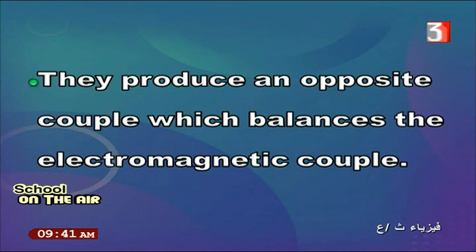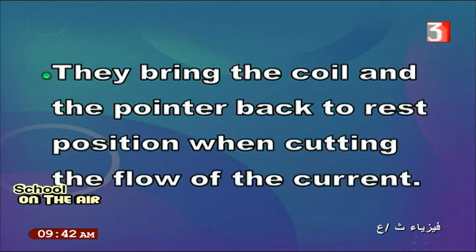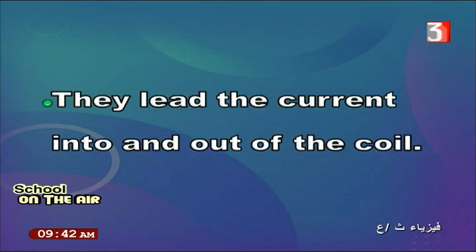They produce an opposite couple which balances the electromagnetic couple. This is the first. They bring the coil and pointer back to the zero scale rest position when finishing measuring the current. Also, they lead the current in and out of the coil.